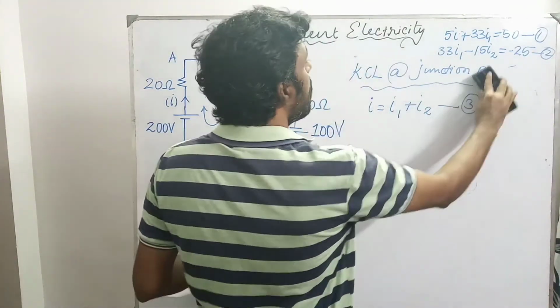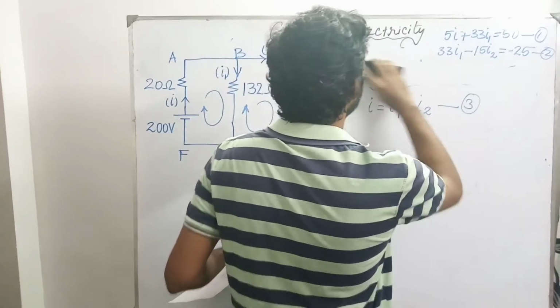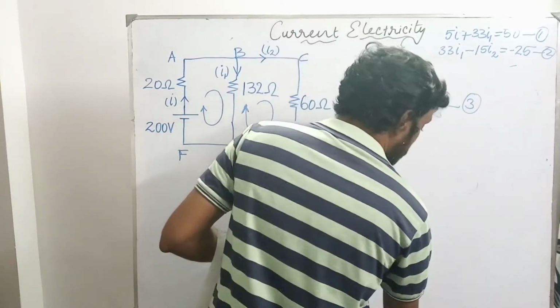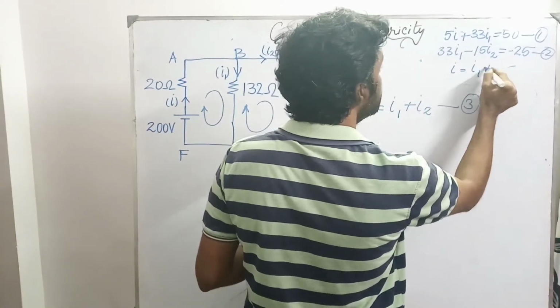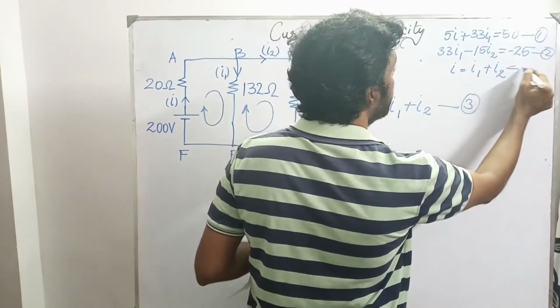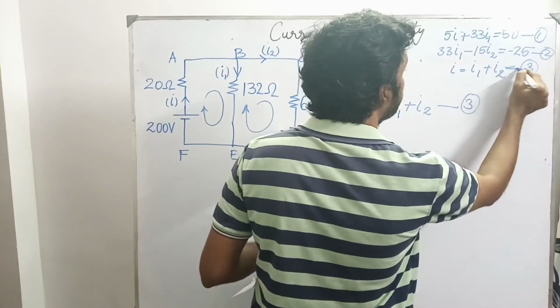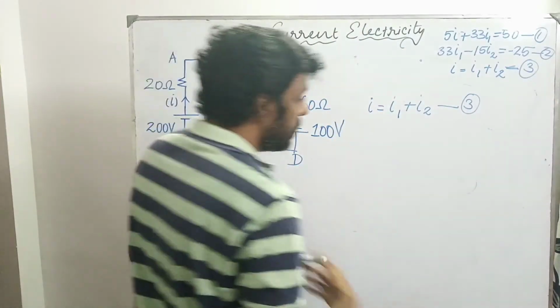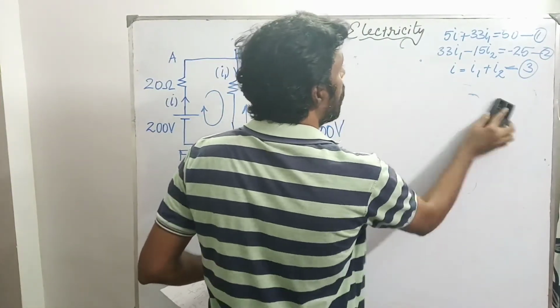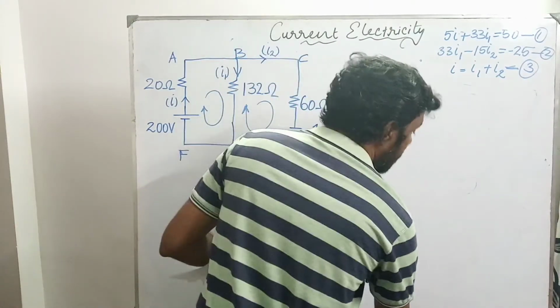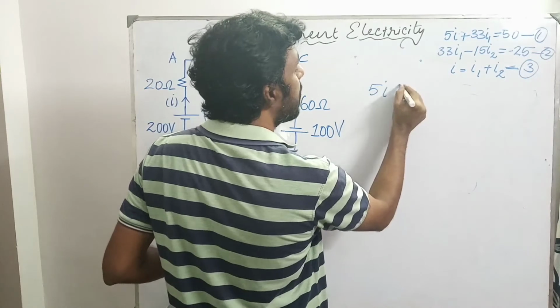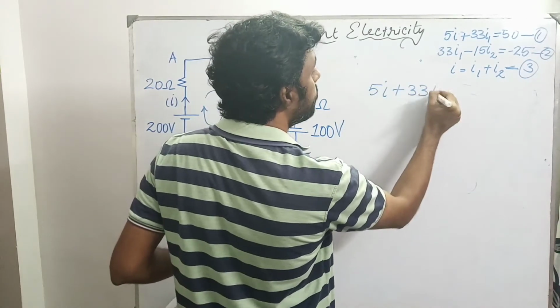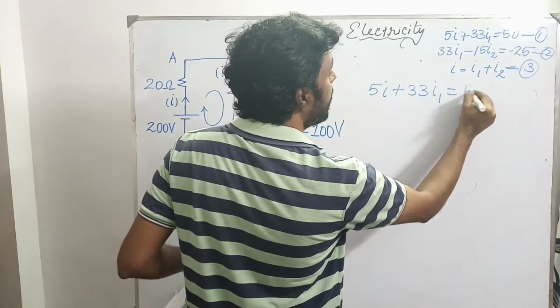Once again, I record the equation here such that I is equal to I1 plus I2, and I name this as equation number 3. Right, so I consider equation 1: 5I plus 33I1 is equal to 50.